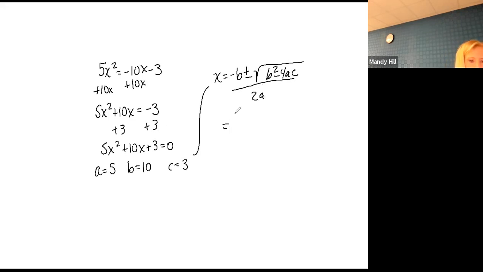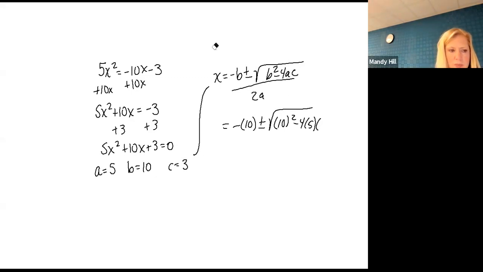So negative B, which is 10, plus or minus the square root of B squared minus 4, A is 5 here, C is 3, all over 2 times A, which is 5.